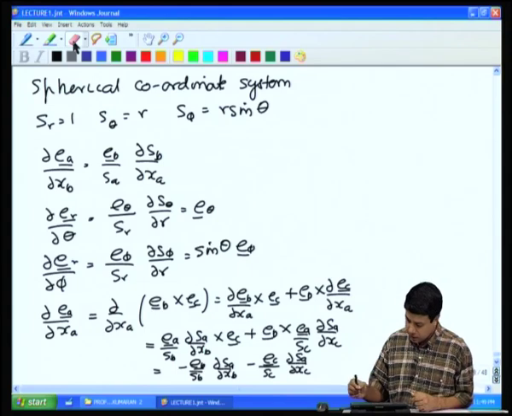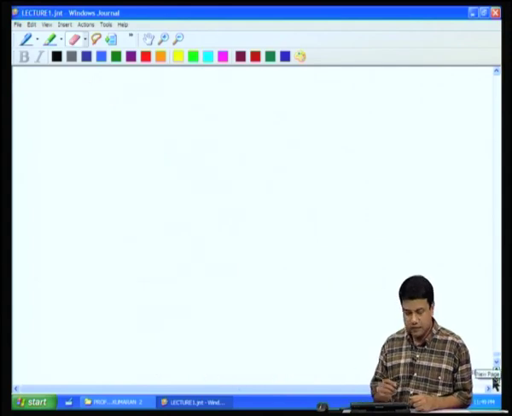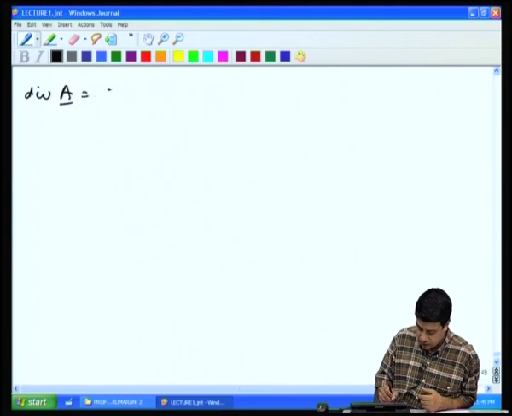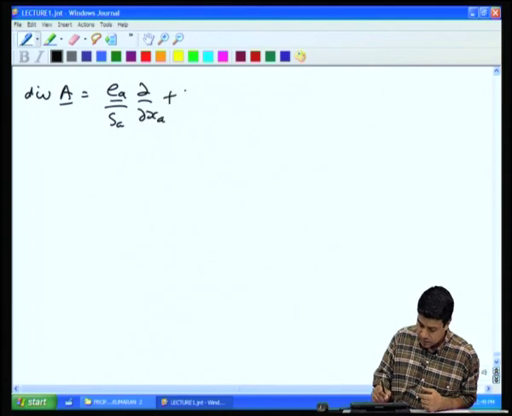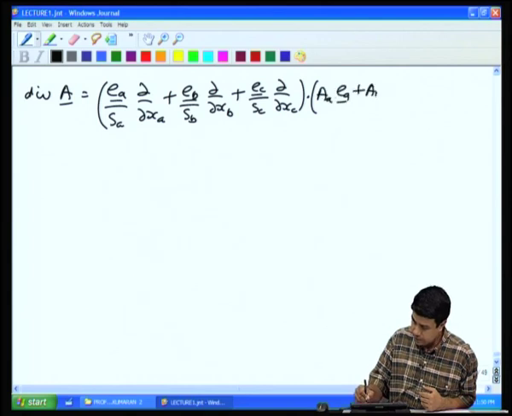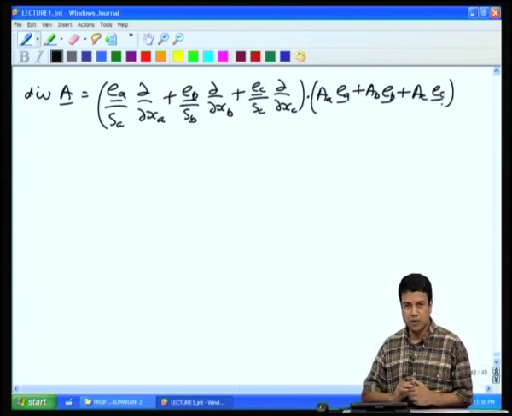Good. So, now how do we use this in order to calculate the divergence? Okay. You know that divergence of A is equal to E A by S A partial by partial x A plus E B by S B d by dx B plus E C by S C partial by partial x C dotted with A. Okay.